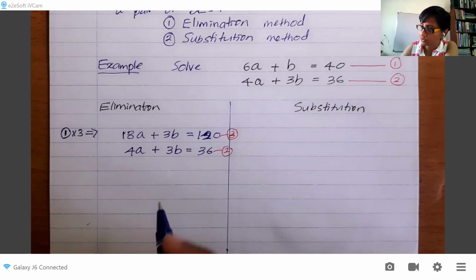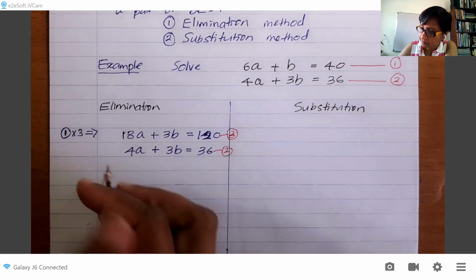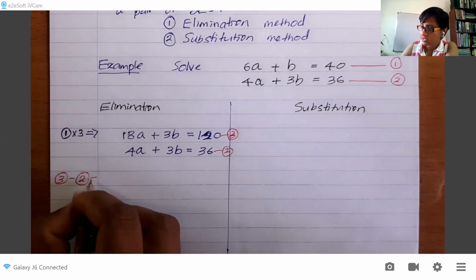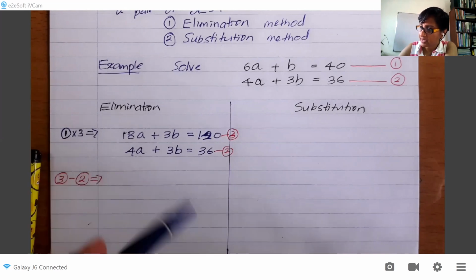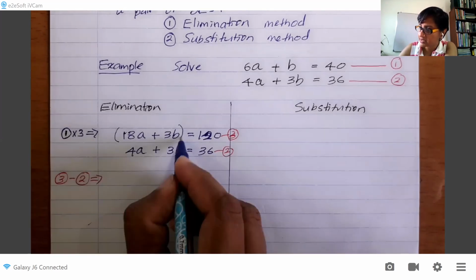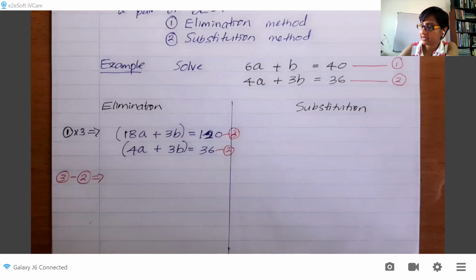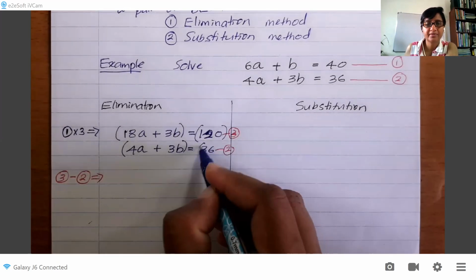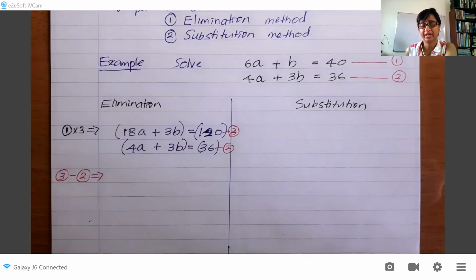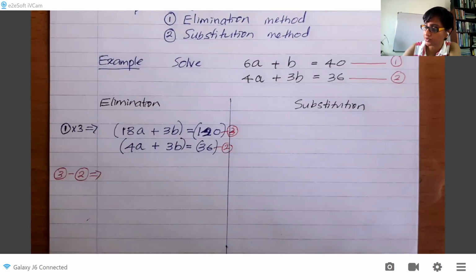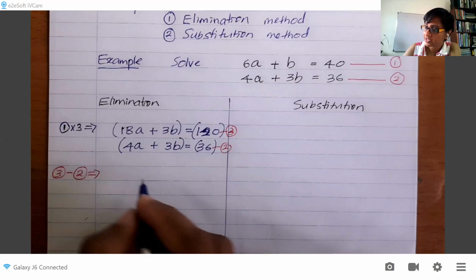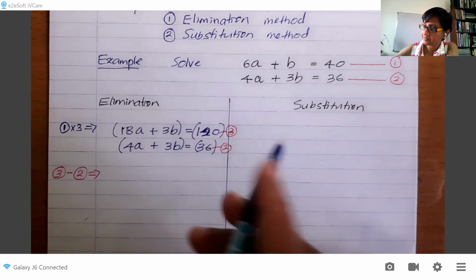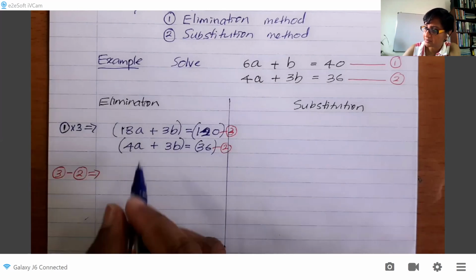So I'm going to do 3 minus 2. That means this minus this, and equals that minus that. You already know this, I'm just taking you through it slowly. If you write this in a line, it would be this bracket minus this bracket.